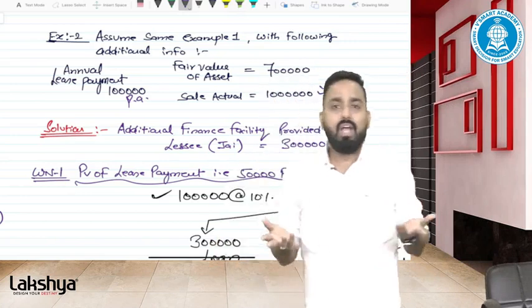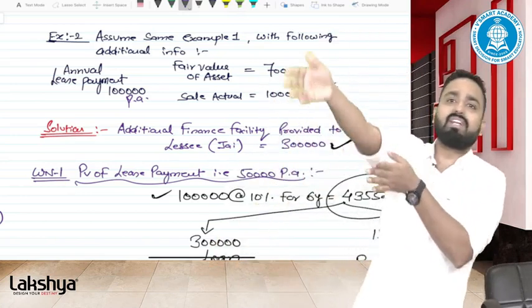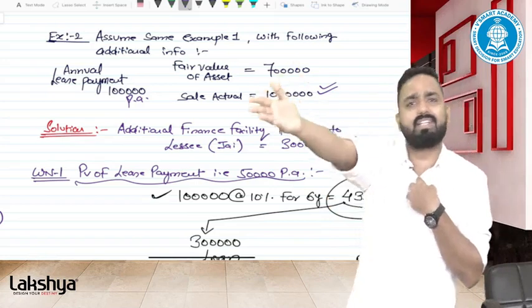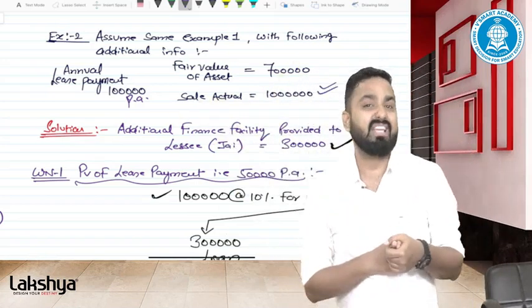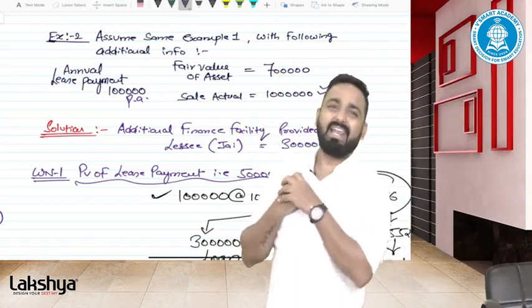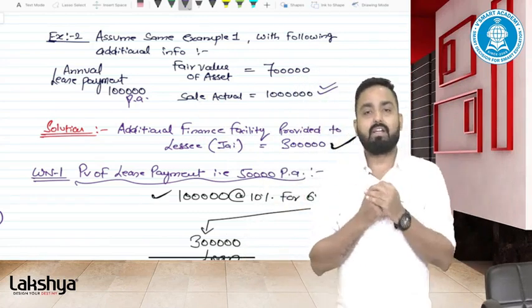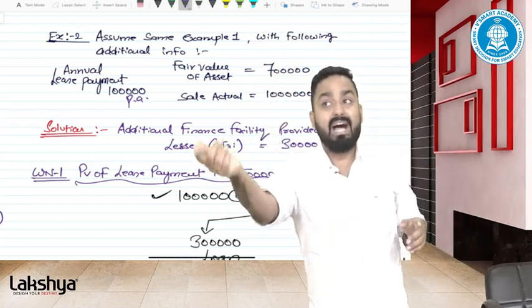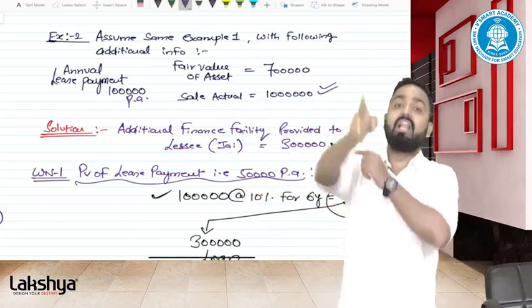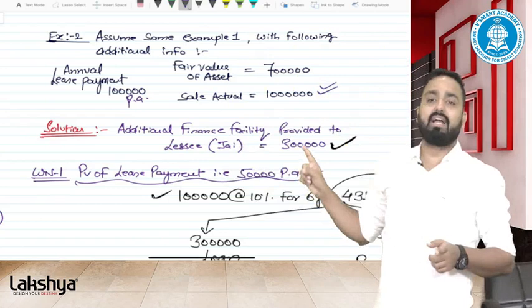Now, what should I do? I don't have any other option. I requested the buyer that I am ready to sell you my asset, but the asset's fair value is 7 lakh, but please do give me 10 lakh. Understood or not? Simple logic. So that means the buyer is providing me an additional financing facility of 3 lakh.